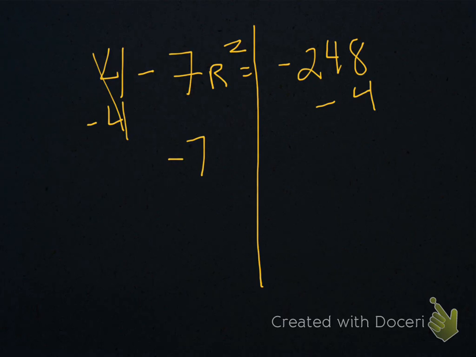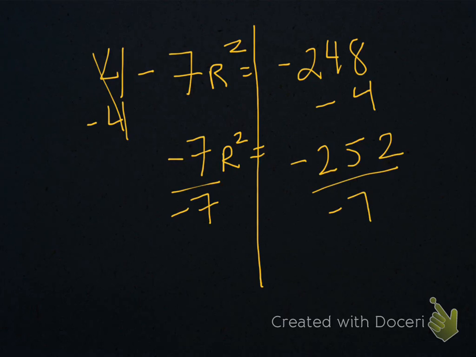And don't freak out with all the negatives, it's okay. Negative 248 and a negative 4 is going to give us a negative 252. Yep, I'm just double checking. Divide by a negative 7. Divide by a negative 7. Let's find out what that comes out to be.